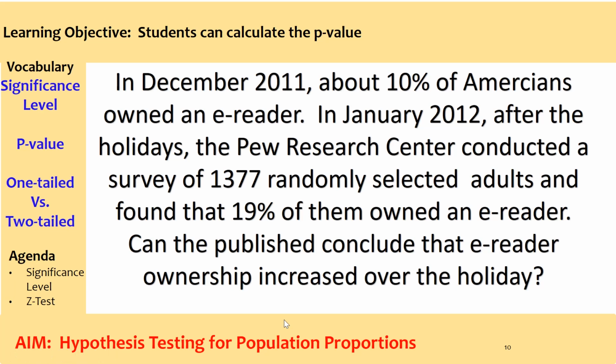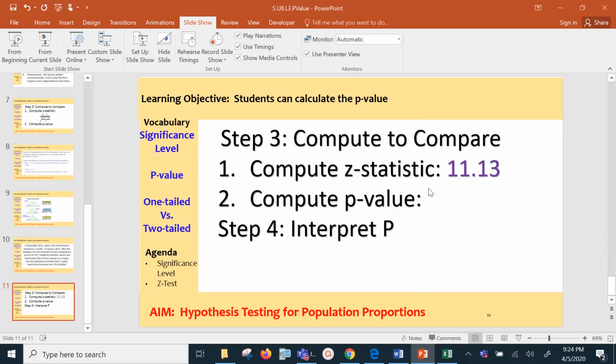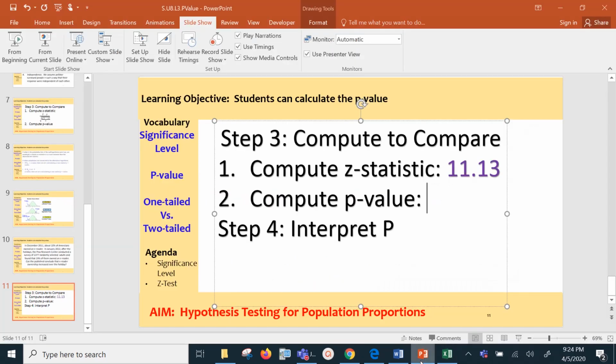All right, so we computed the p-value. And the p-value we're going to say is, we just copy it from the website. So p-value, it says it right here. It's basically 0%, so you can write 0%. That's fine.